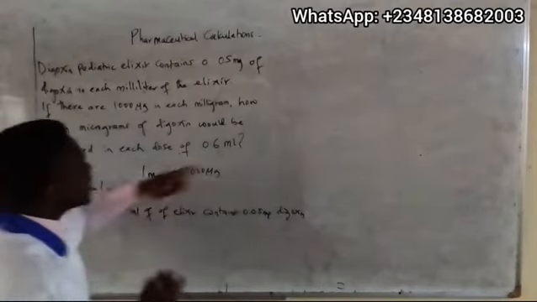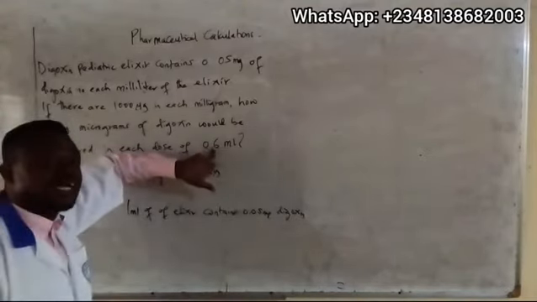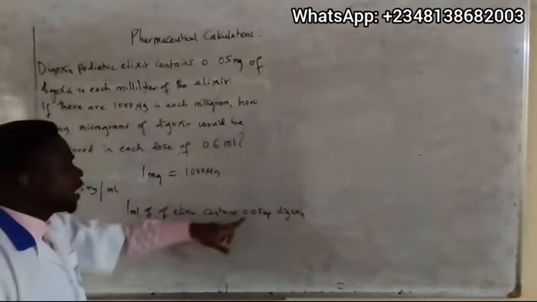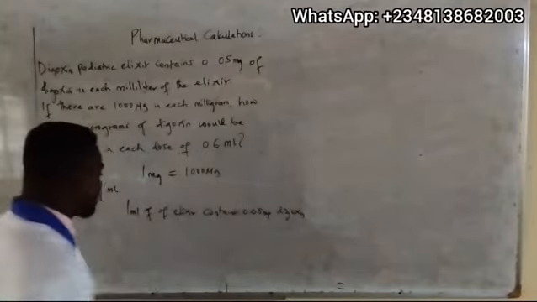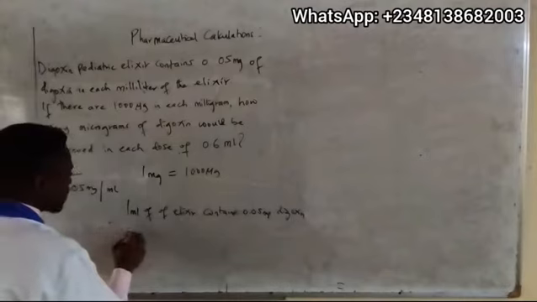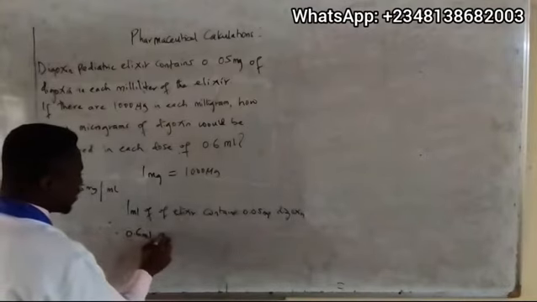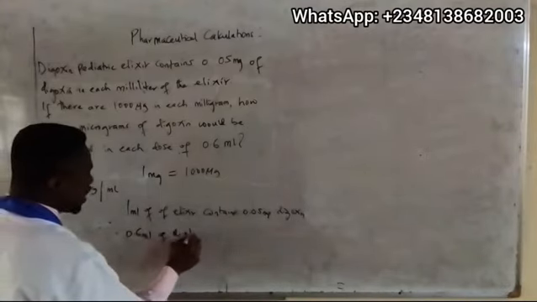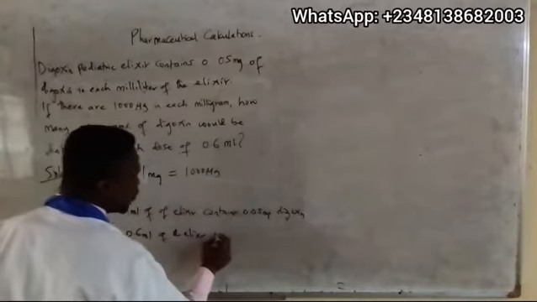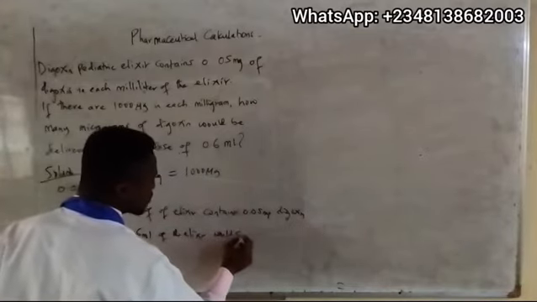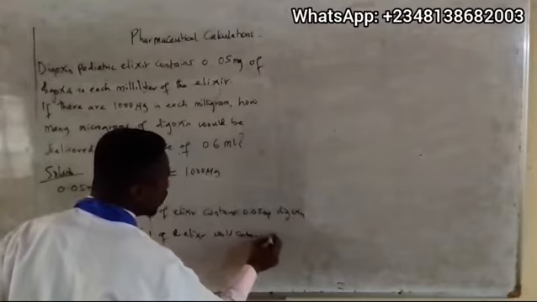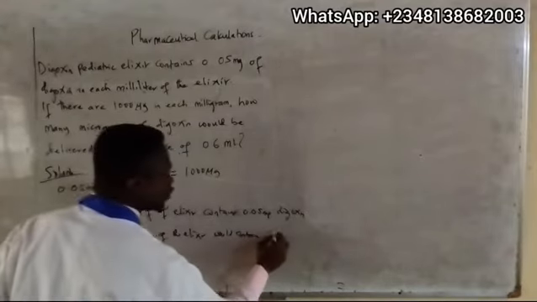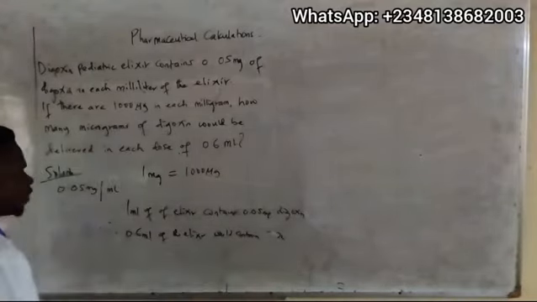Now, if you take 0.6 ml of the elixir, how many milligram of digoxin will it contain? Therefore, 0.6 ml of the elixir would contain what? We don't know, we call it X. So we cross multiply.